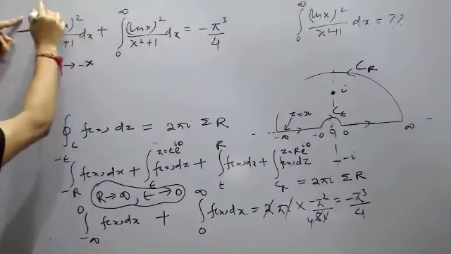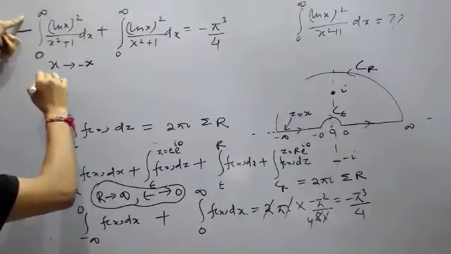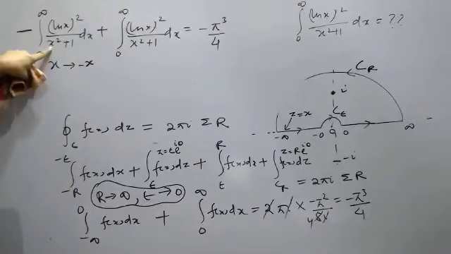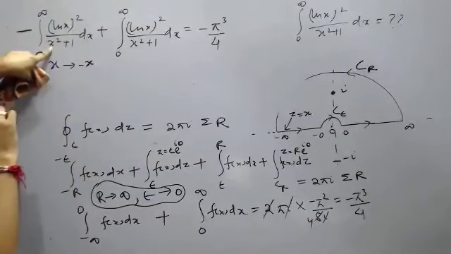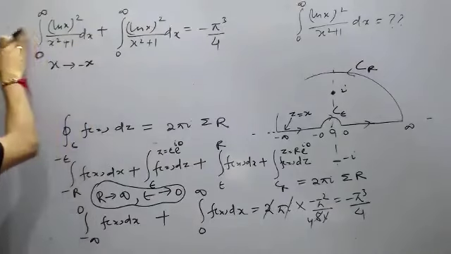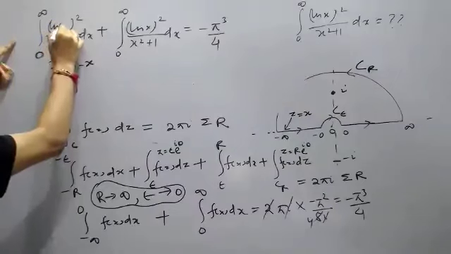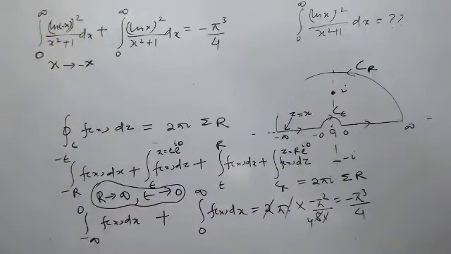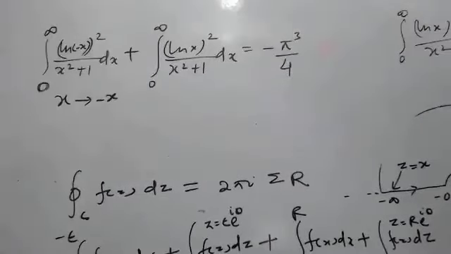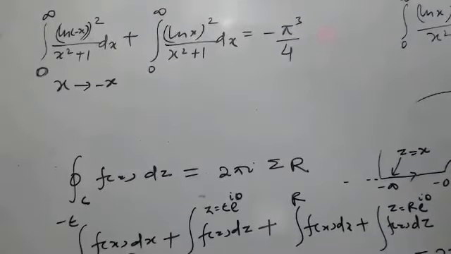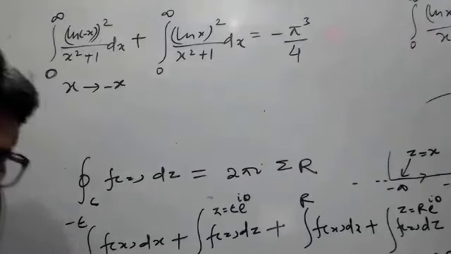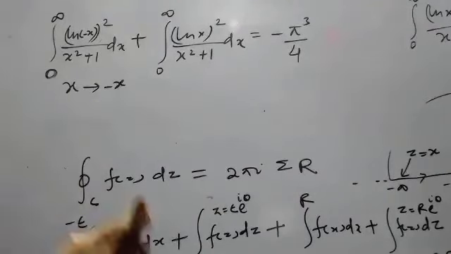Minus infinity will become infinity. This will not change because x will be minus x. Nothing will change. This dx will become minus dx. So this minus will be gone. And log of x will become log of minus x. So changing of limit is clear. Put x is equal to minus x.